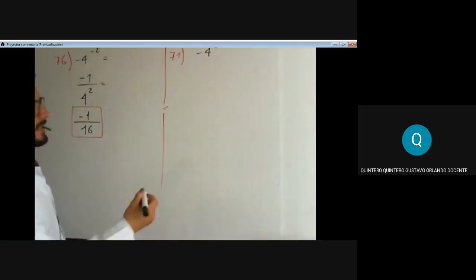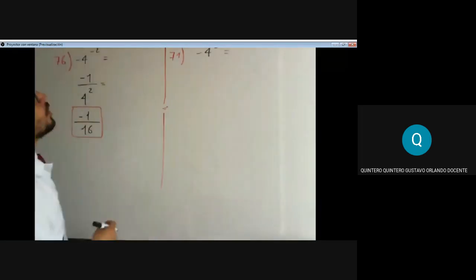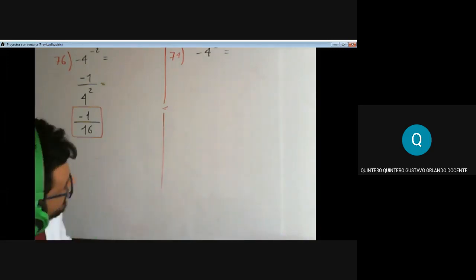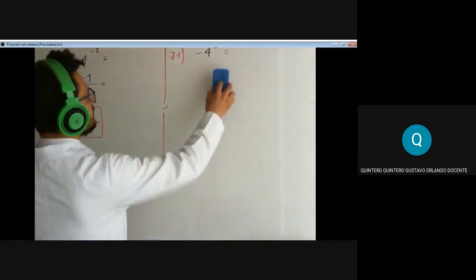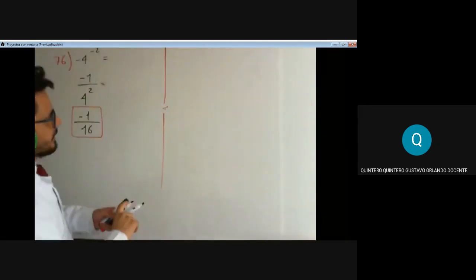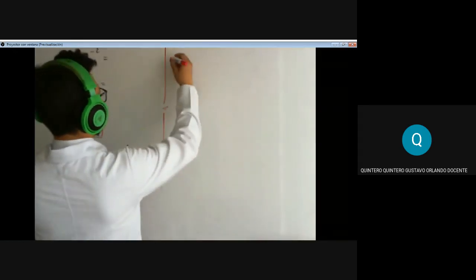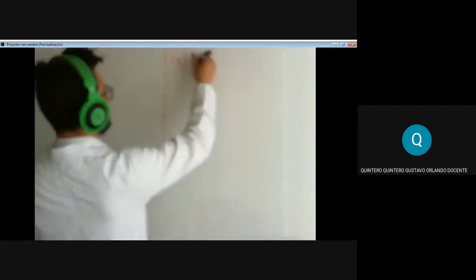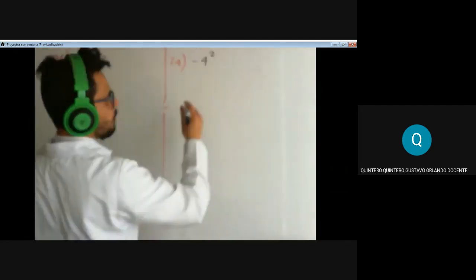Of course it can. Look at this. There is no parenthesis right there, right? Let me write it a little bigger so you guys can see it. 74: negative 4 to the second power.